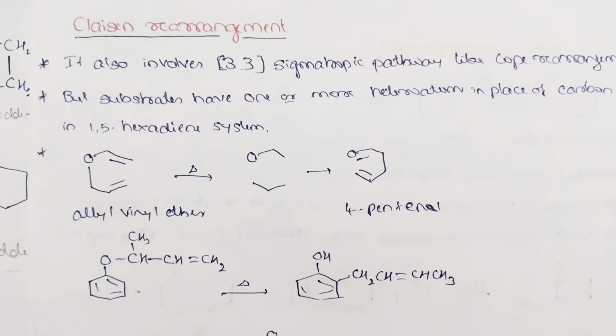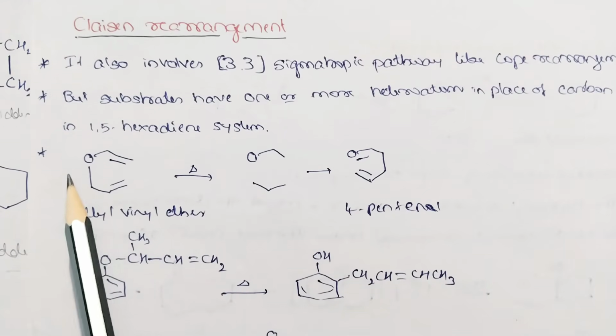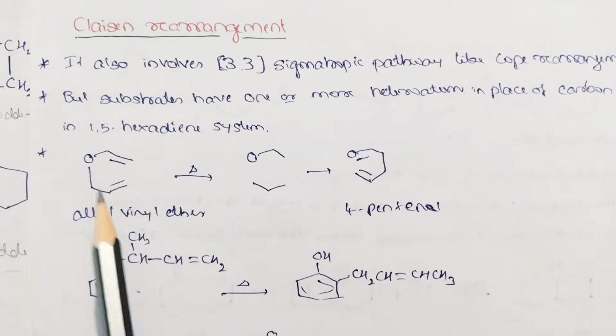Next important reaction is the Claisen rearrangement. This is also a 3,3 sigmatropic rearrangement like the Cope rearrangement, but here oxygen or other heteroatoms are in the place of carbon. In the diene system, oxygen is there in the place of carbon.